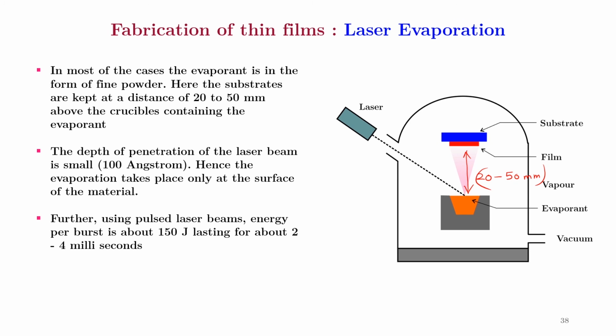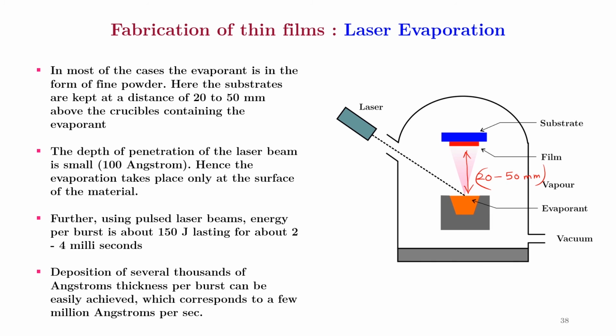Further, using pulsed laser beams, energy per burst is about 150 joules, lasting for about 2 to 4 milliseconds. Depositions of several thousands of angstroms thickness per burst can be easily achieved, which corresponds to a few million angstroms per second.